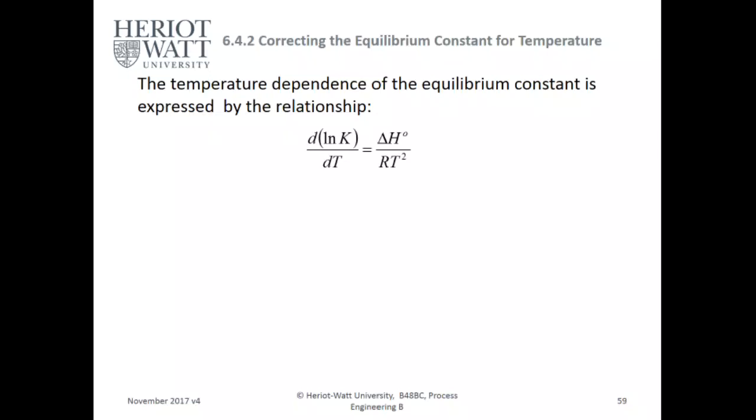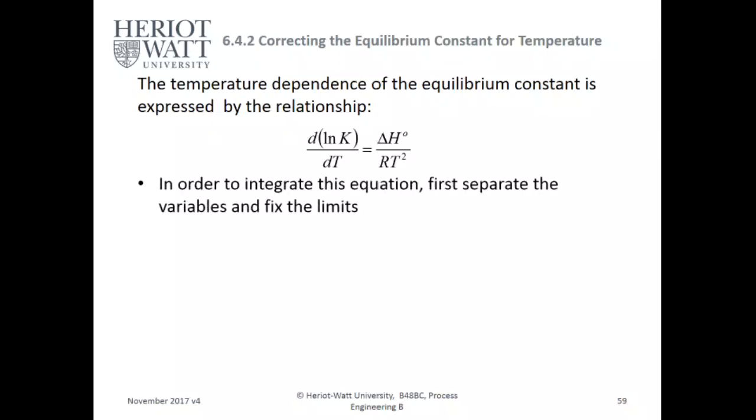So d log of K over dT equals delta H zero over RT squared. In order to integrate this equation, first separate the variables and fix the limits. So d log of K, integrating from K1 to K2, equals delta H over R, T squared with respect to dT between T1 and T2.